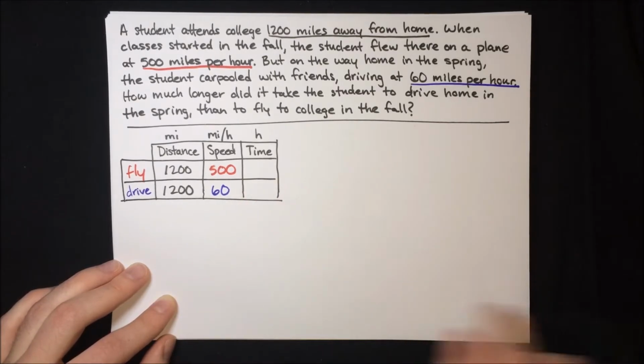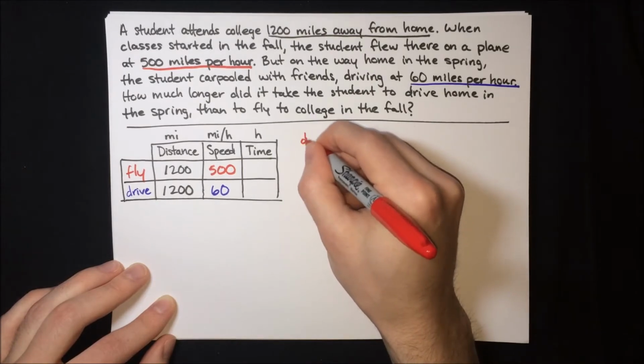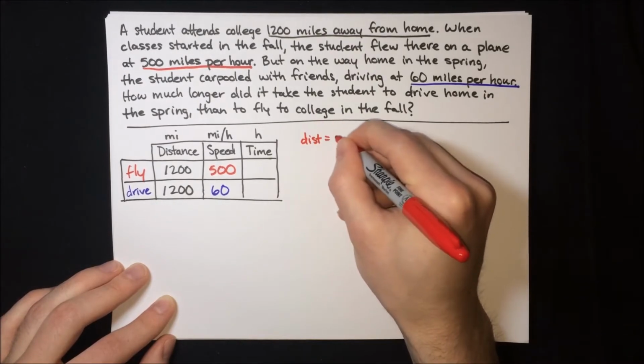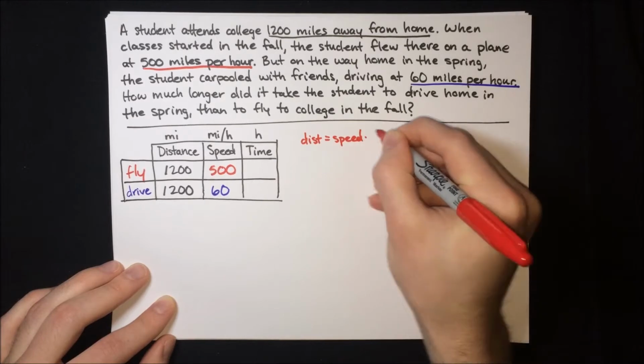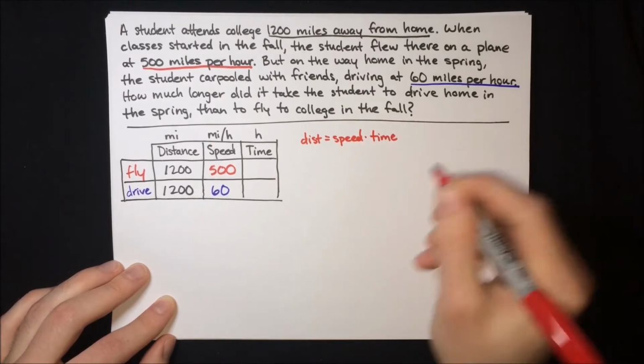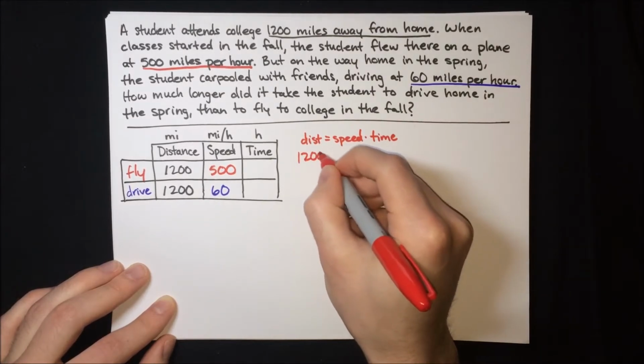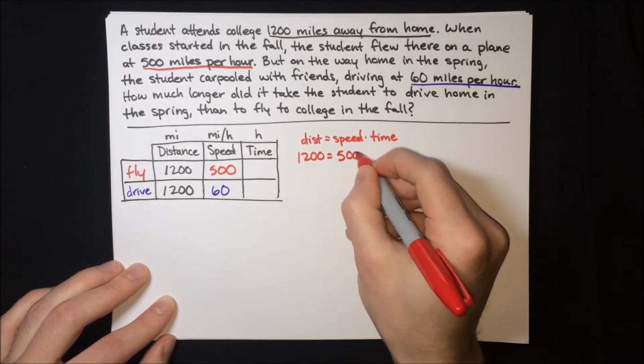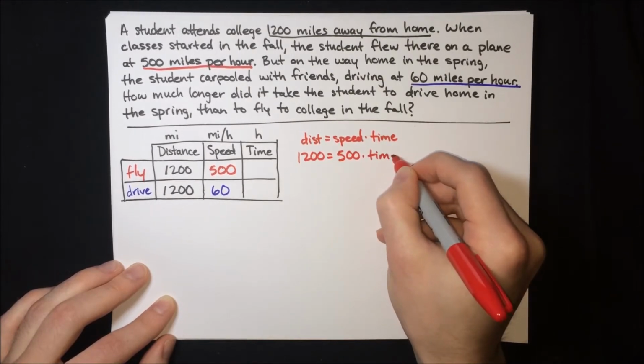First of all, let's solve for time flying. In flying, we have the equation distance equals speed times time. So 1,200 equals 500 times time.